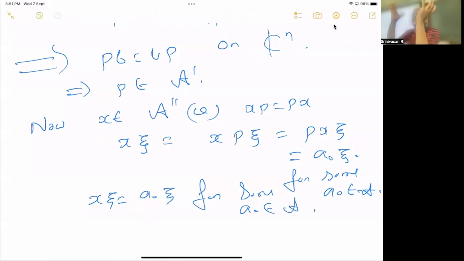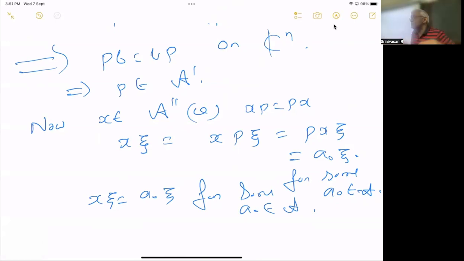We want to show that X is equal to some A naught. But on a particular vector, X xi equals A naught xi, and this is not enough, because it is just for a single vector. For a different vector we may get a different A naught. We basically want to prove that X is equal to A naught for some A naught in the algebra A. But we have proved that if you take a vector xi, then on that vector X equals A naught xi for some A naught.